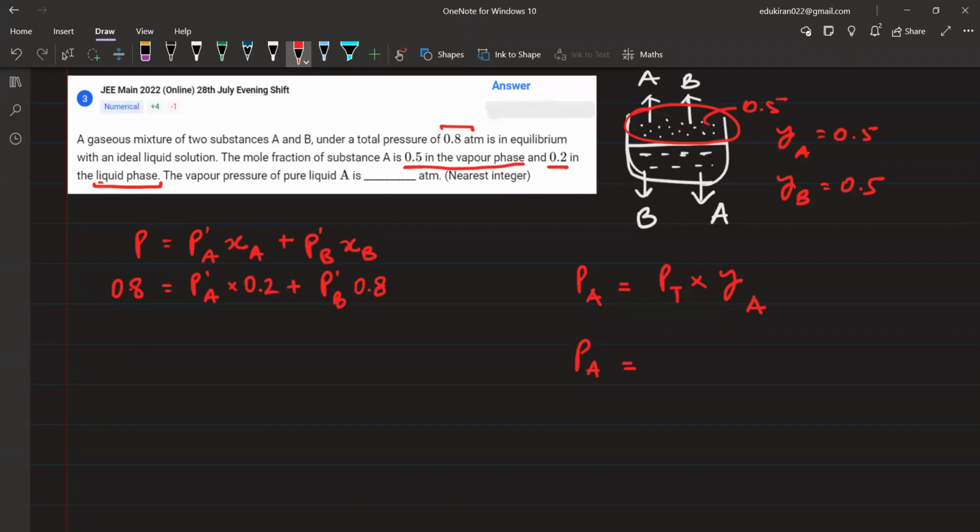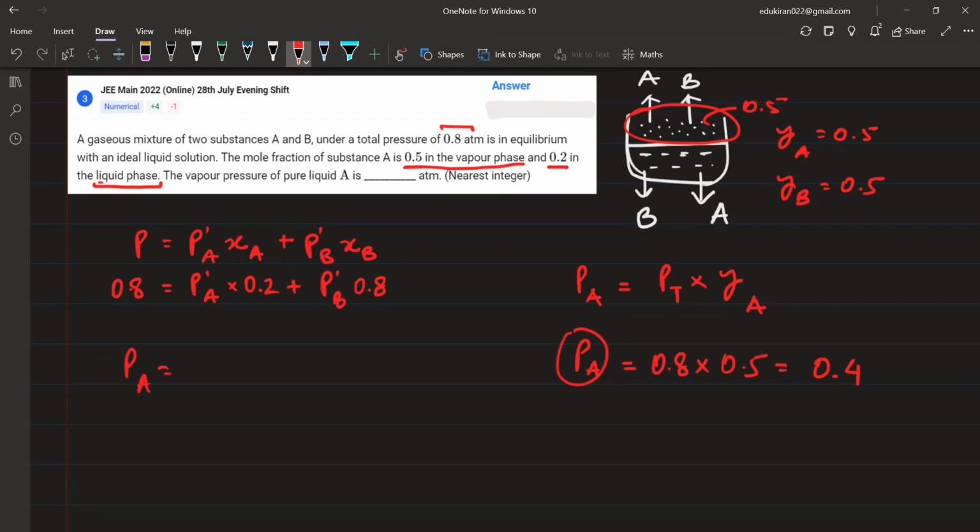PA will be equal to P total is 0.8 into the mole fraction of Y is equal to 0.5. ये हो गया कितना? 0.4. ठीक है, 0.4 हो गया.